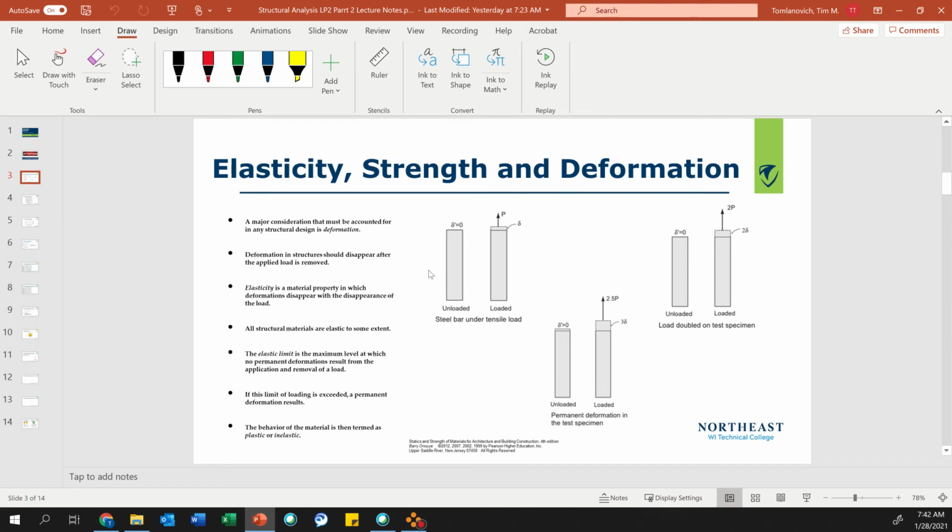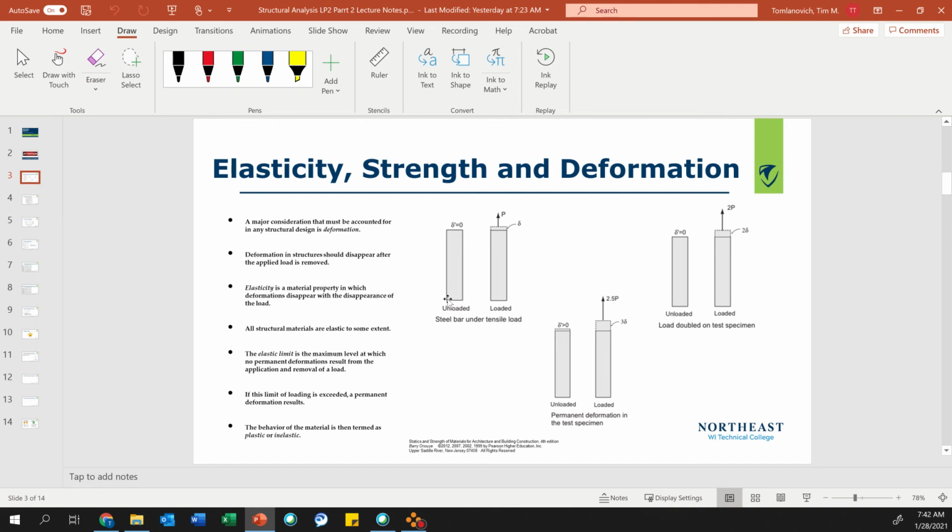So, basically, from the Part 1 lecture, when we have stress in a structural member, we also have strain. Those two are interrelated. If we don't have stress, we don't have strain.